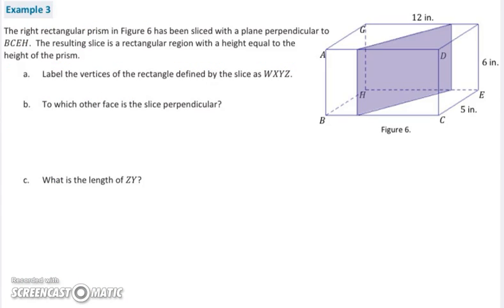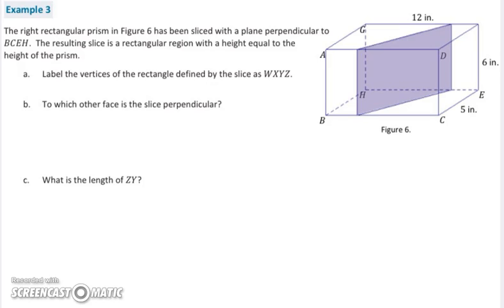Alright, example 3. Example 3 says that the right rectangular prism in figure 6 has been sliced with a plane perpendicular to BCEH. Right off the bat, it's telling us that the slice is already perpendicular. Let's see what it's perpendicular to.